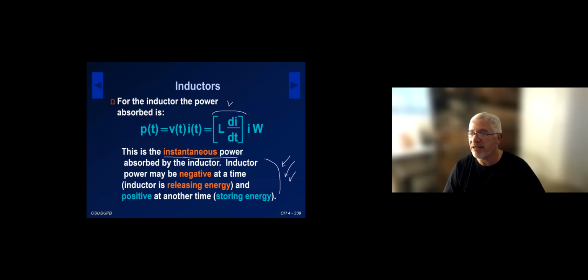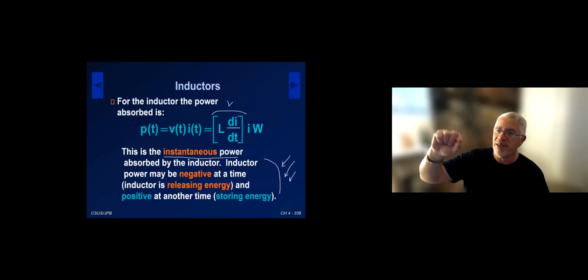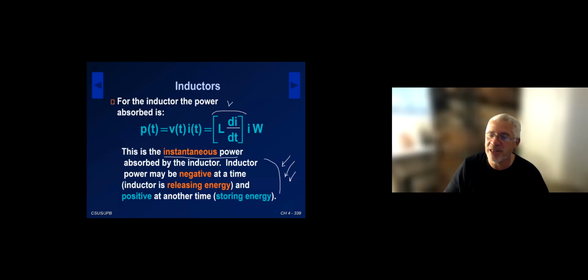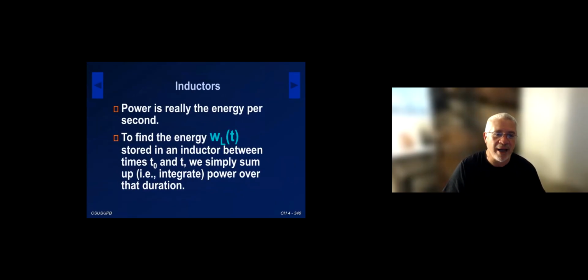When power is negative, the energy is dropping, so the energy is being released. If, on the other hand, power is positive, energy is increasing, so it's storing energy. We'll come back to that. Again, power is really the energy per second, so it is the derivative of energy.